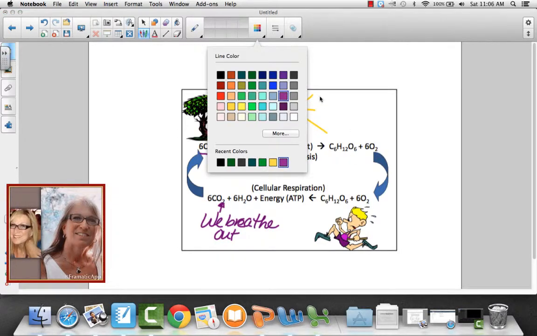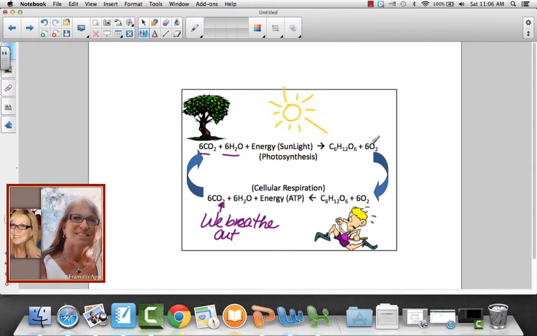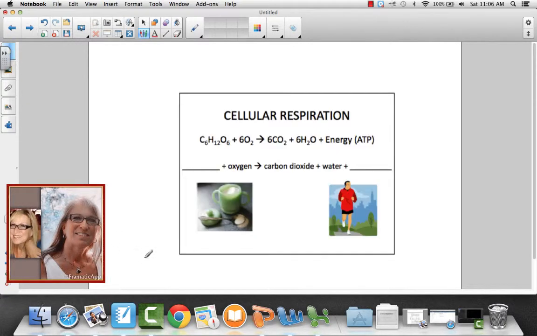Glucose is then used by the cells, and the oxygen we breathe in. So it is a mutualistic relationship because we're benefiting and the environment, the plants and trees are benefiting.